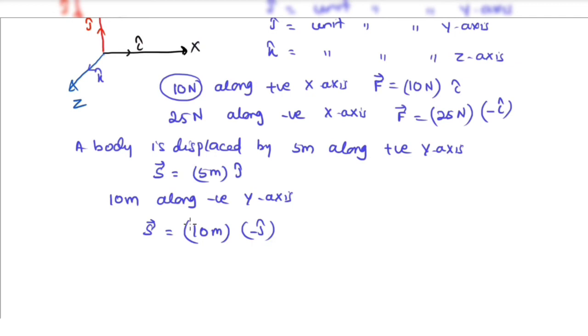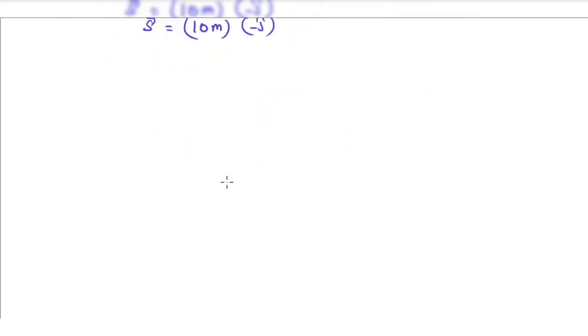Now we will talk about another vector known as zero vector. This zero vector is also known as null vector.